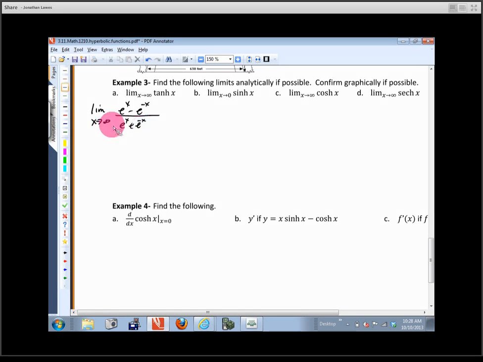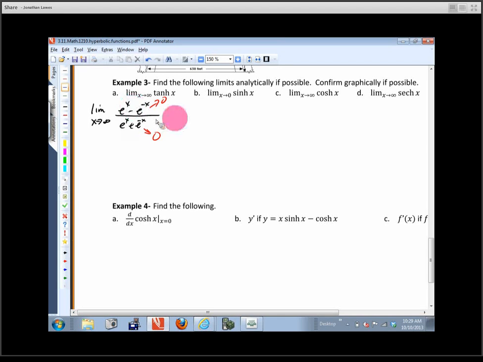So, as x approaches infinity, what happens to this right here? Closer and closer to 0. What happens to this one right here? Closer and closer to 0. So, when we're tending toward positive infinity, which of these two terms has the most effect on the shape? That one right there. And same thing on the bottom.